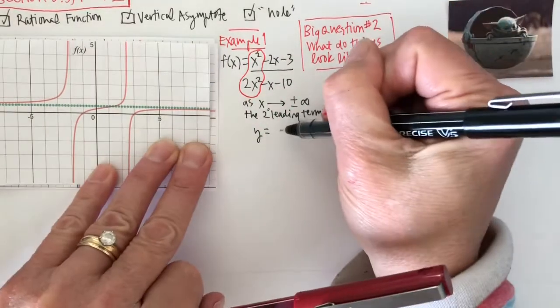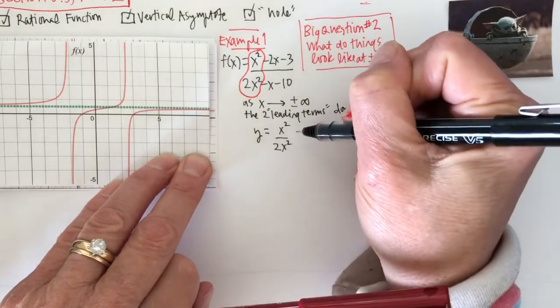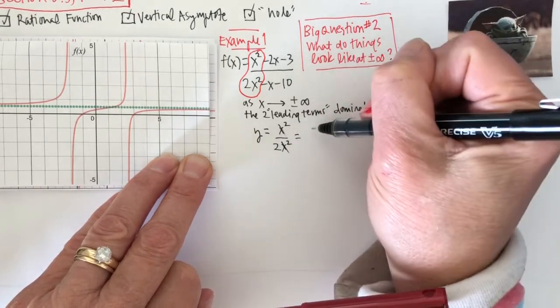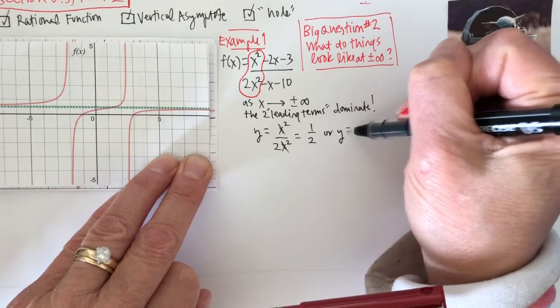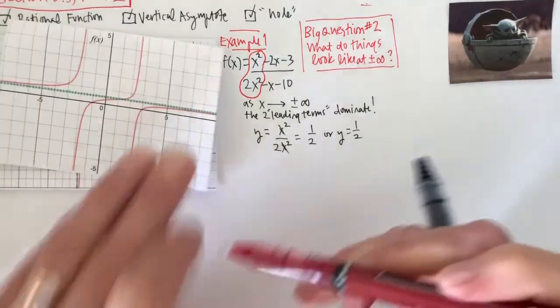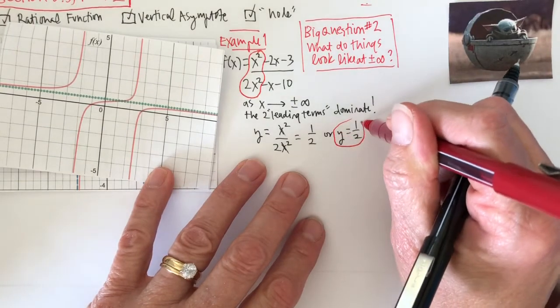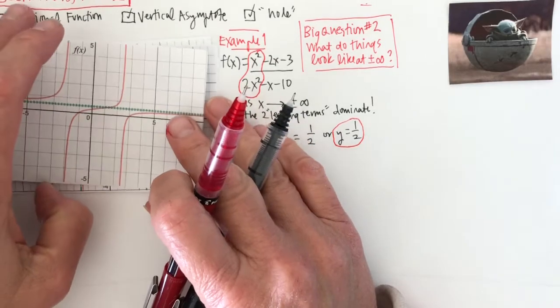So y equals x squared over 2x squared, which is, these cancel, a 1 gets left behind, or y equals 1/2. This isn't the function, but this is the clue as to how the function is behaving as x goes to positive and negative infinity.